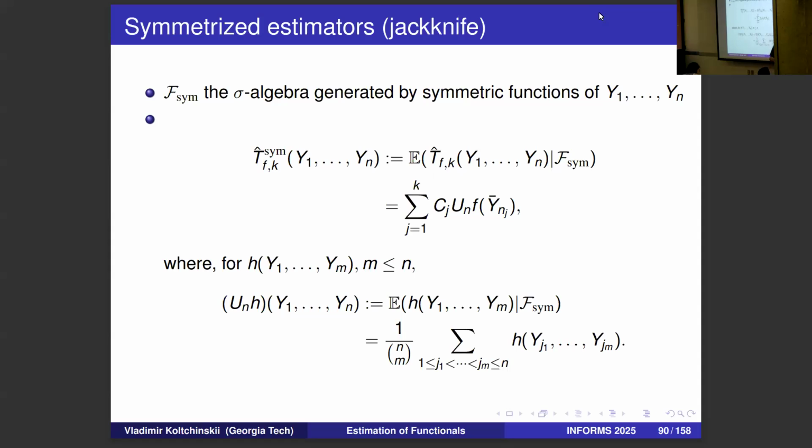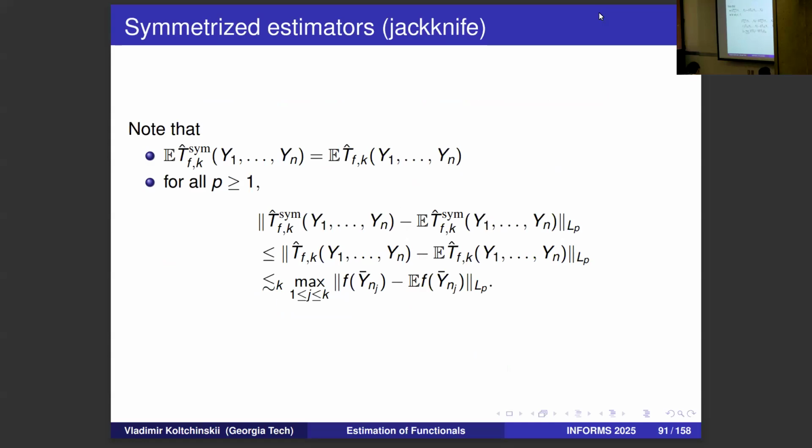You will need to compute your functional on many plugin estimators that correspond to all subsamples like this, or at least to some randomly picked subsamples. For those who, unlike me, compute these estimators, it could be a difficulty.